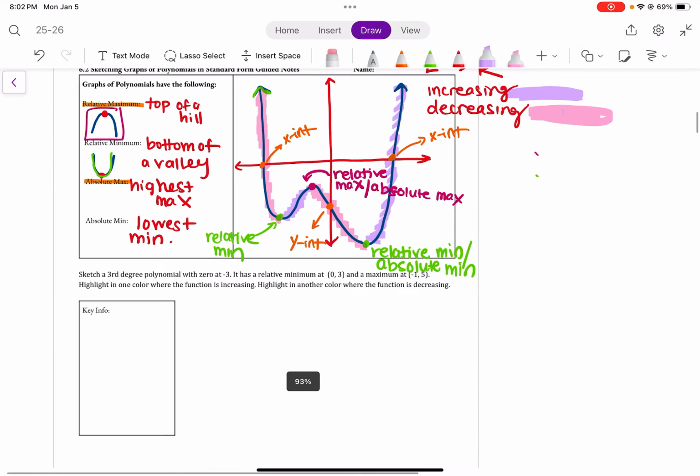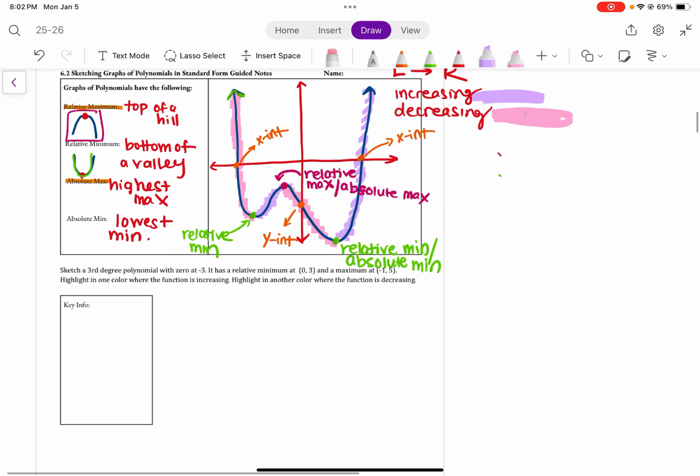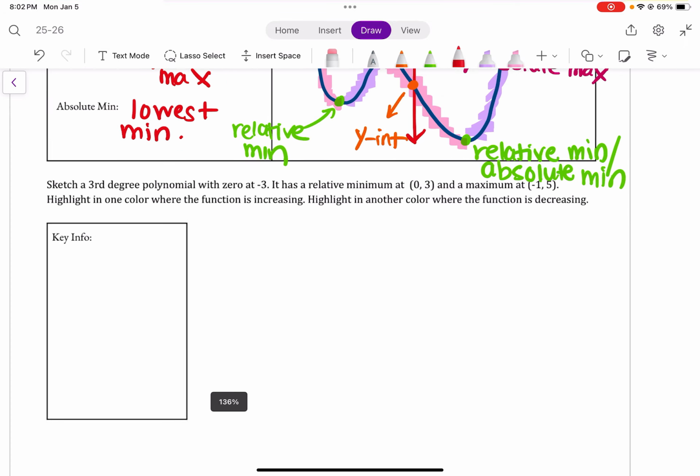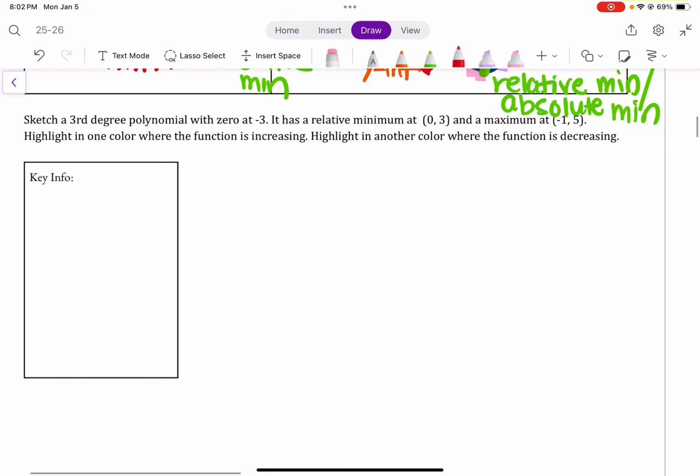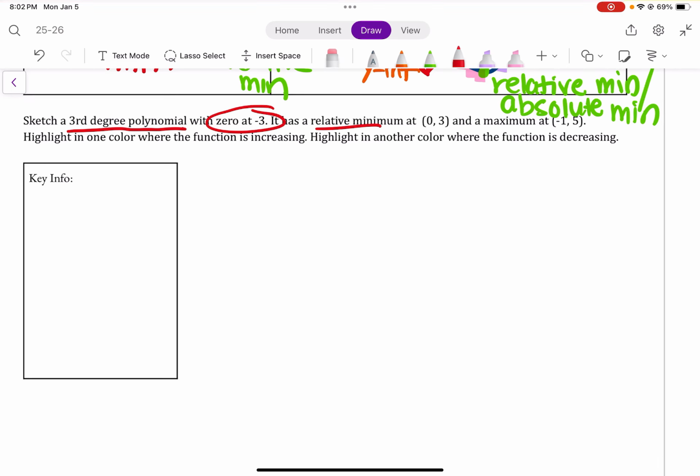With this information now, you should hopefully be able to sketch some graphs. Let's look at this problem right here. You are being asked to sketch a third degree polynomial with a 0 at -3. It has a relative minimum at 0.3 and a maximum at -1.5. This is a lot of information, so I'm just going to organize this.